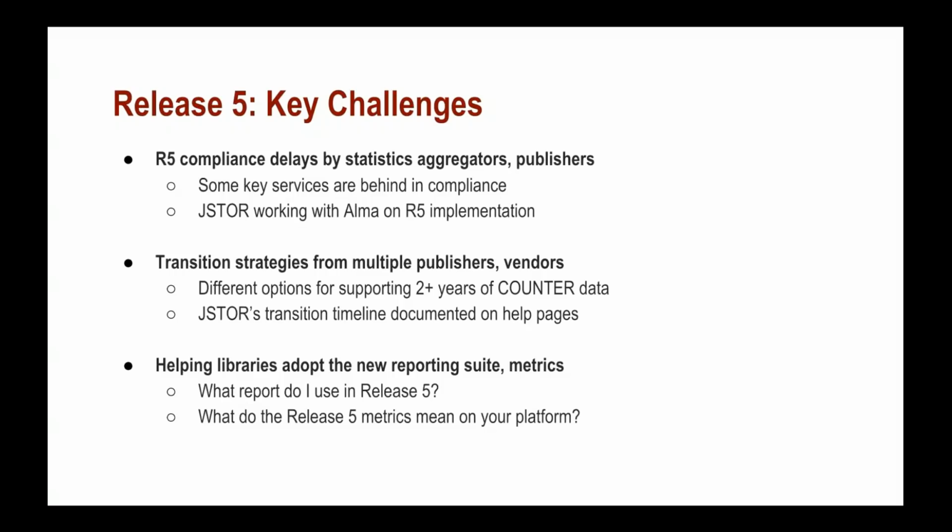There is a new set of reports with all the customization and different names of standard views, how they map to the different reporting use cases, and then additionally what the metrics mean in terms of the actions on the platform. We'll talk about the importance of being very transparent about that, and what I think is a responsibility of content providers like JSTOR.